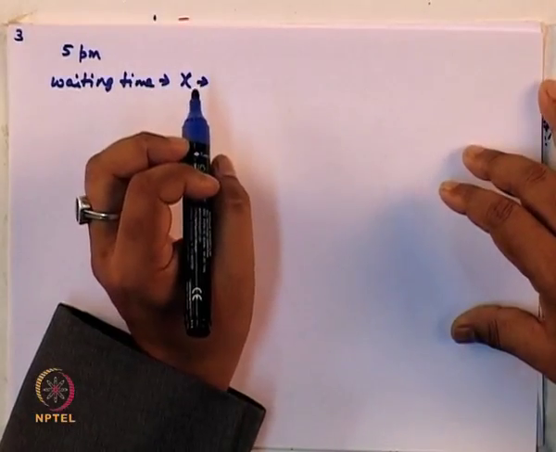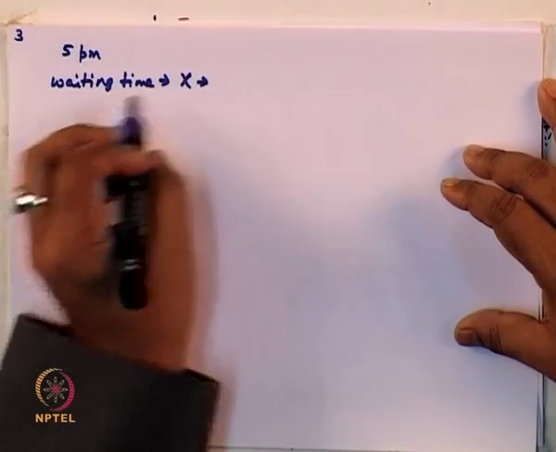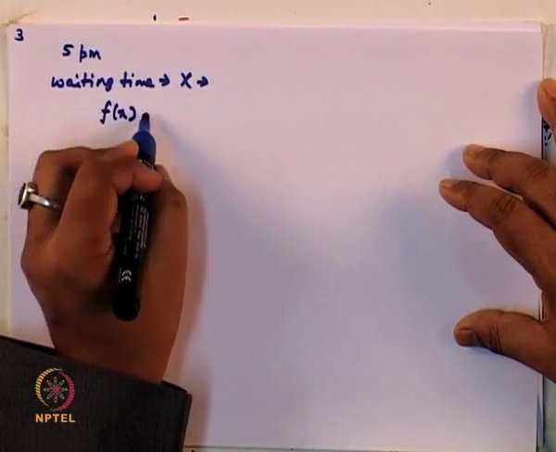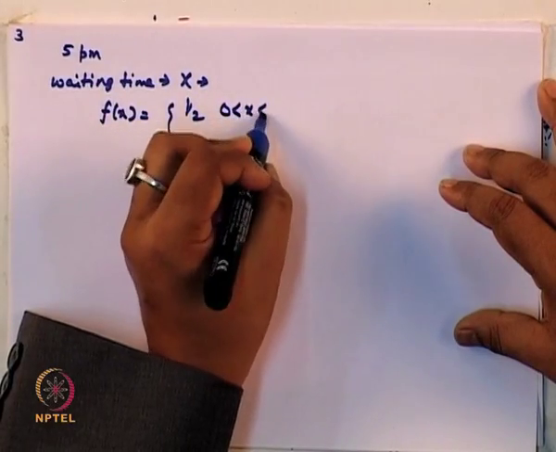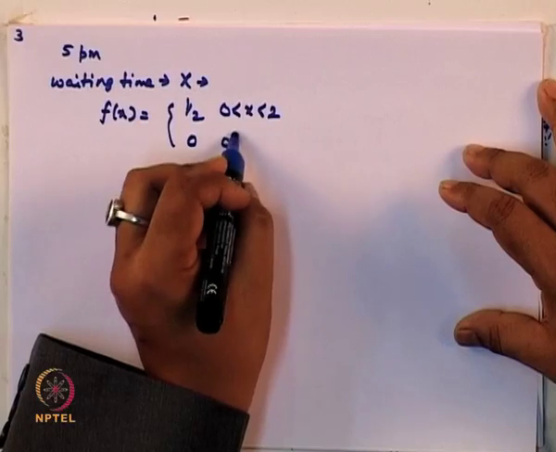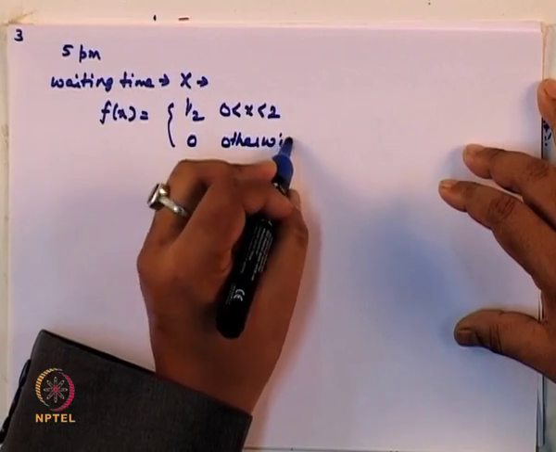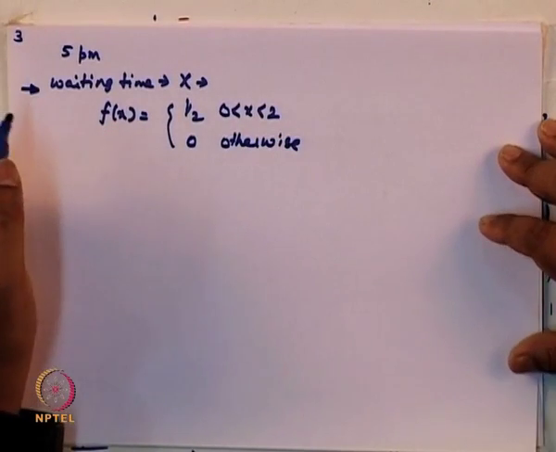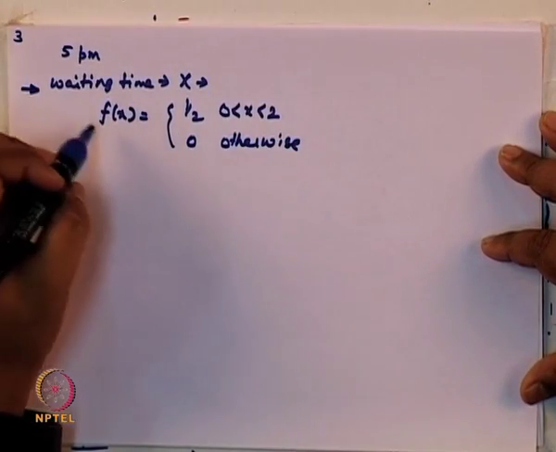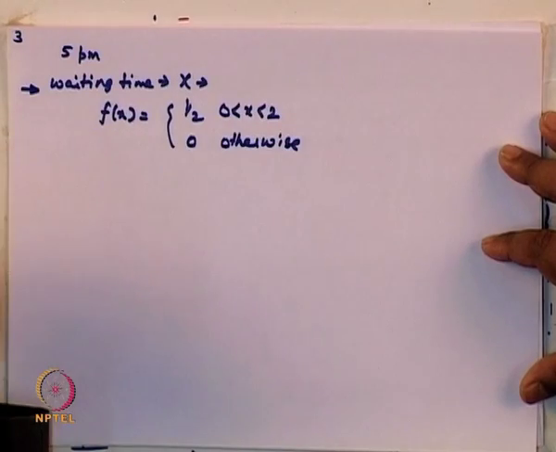It follows the probability distribution f of x given by the following. So, the waiting time x is a continuous random variable which follows the probability distribution as follows.